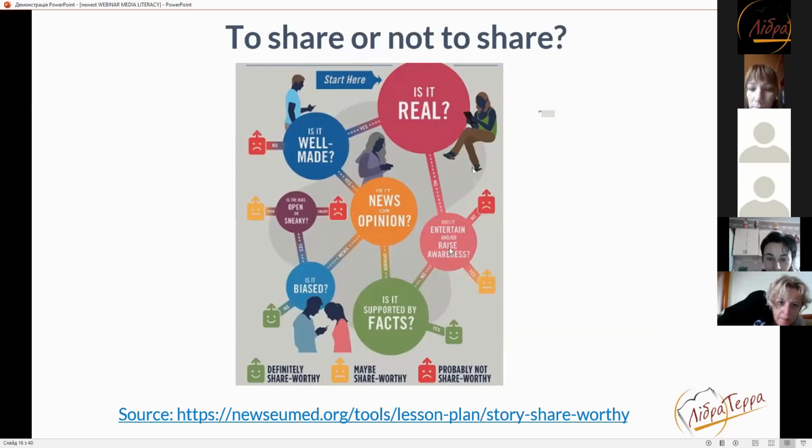Yes or no? And you can follow this diagram, and then at the end, it will tell you, yes, this story is share-worthy, or maybe it's share-worthy, or probably not share-worthy. Very, very nice diagram. You can choose a combination of both real news and fake news, and teach your students to go through this diagram, or go together in groups, or however you want to do this.